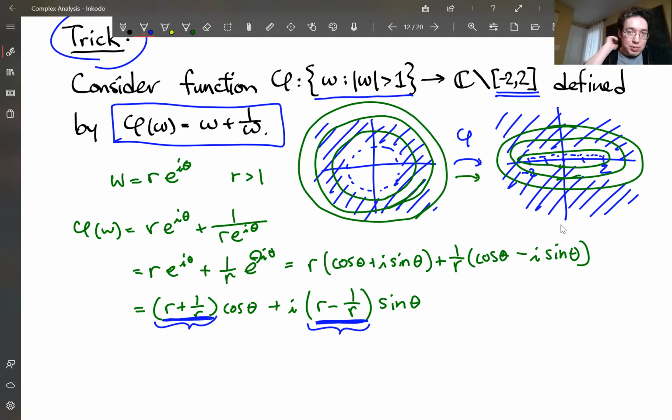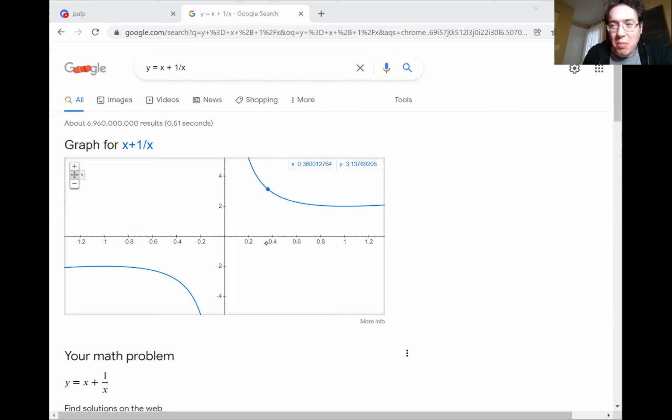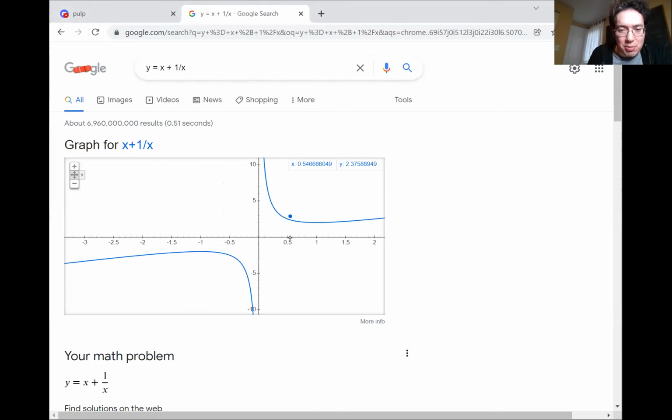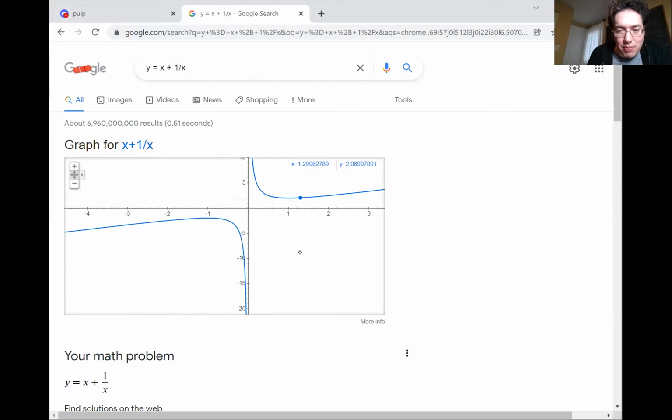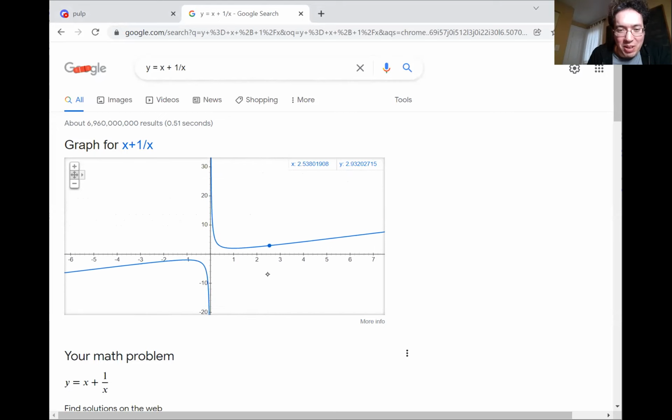So what does this do? Maybe we could just look at the graph of r plus 1 over r and see what that looks like. Okay, so I asked Google to graph it for me. Let's see. This doesn't show me enough, so let me zoom out. Right.